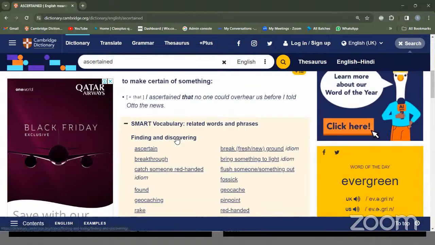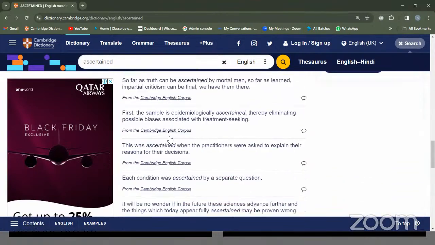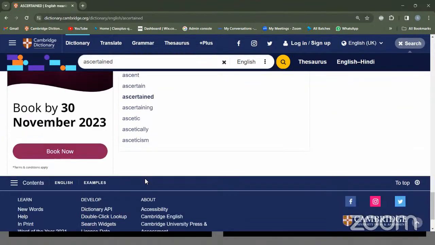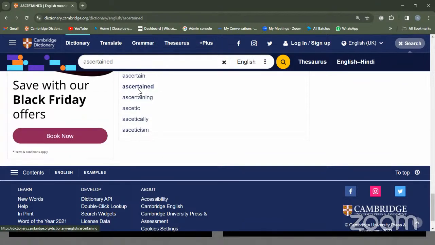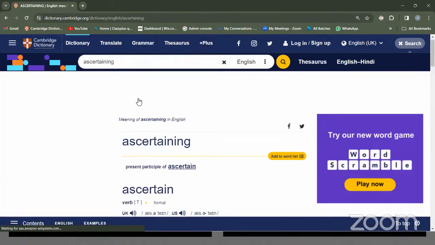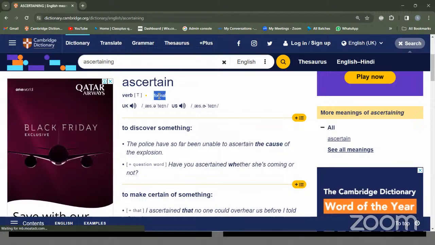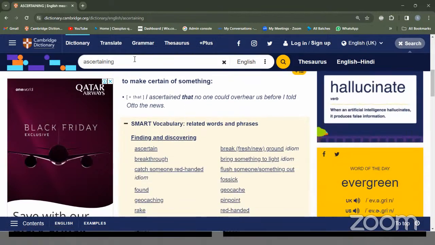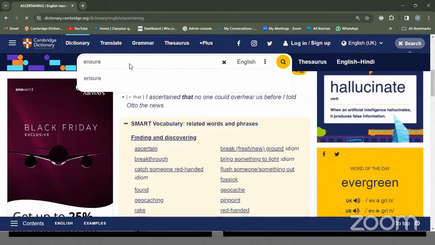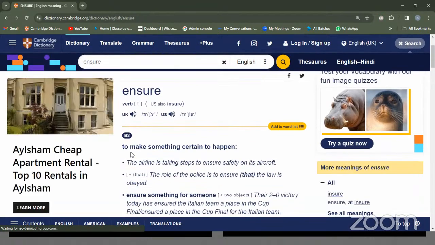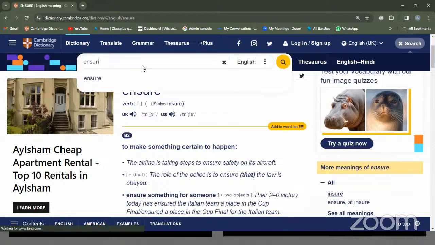Ascertain is equal to ensure, which means make sure, that is B2.